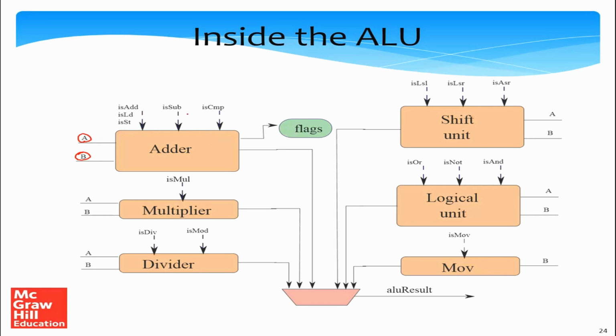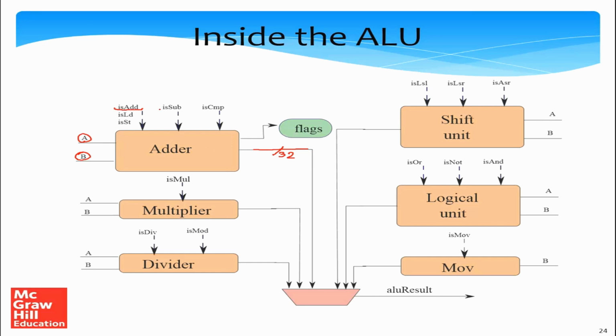Then we have a host of control signals generated by the control unit. If we have this signal isAdd as true, it means that an addition needs to be performed. We do the addition and the output comes via this wire. So this again contains 32 bits. It's not a single wire.